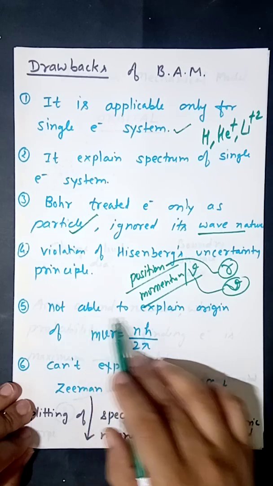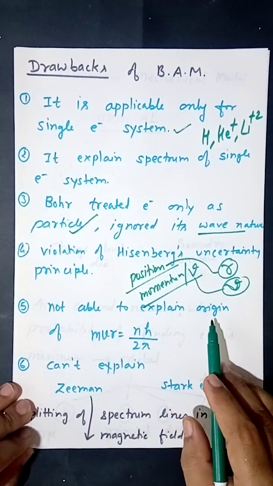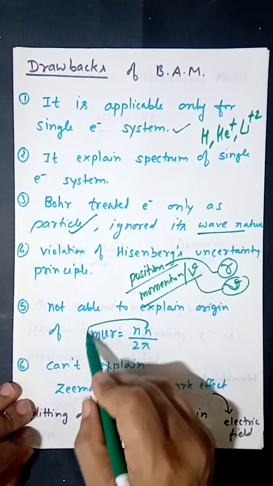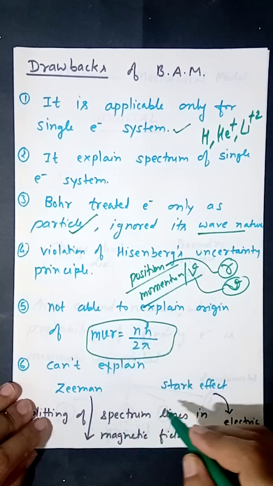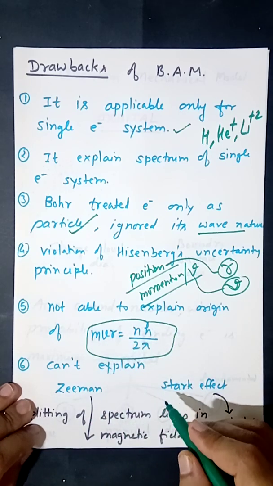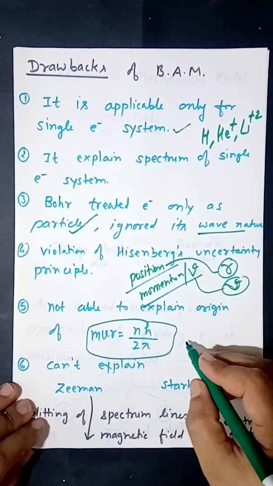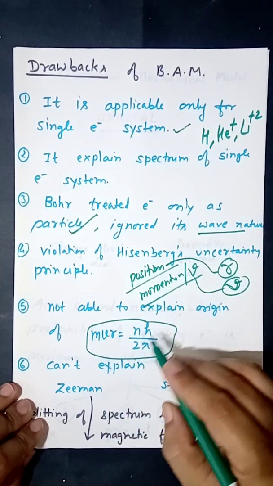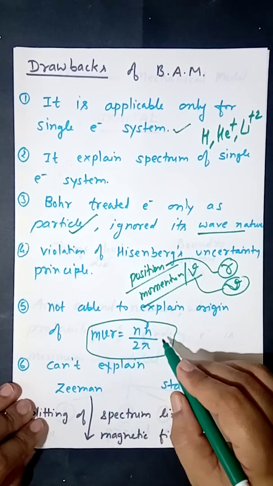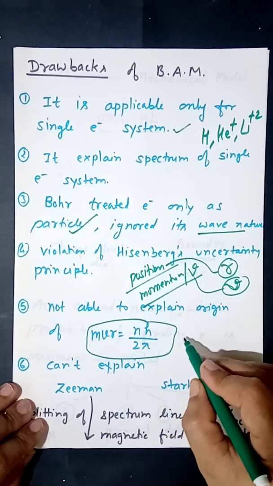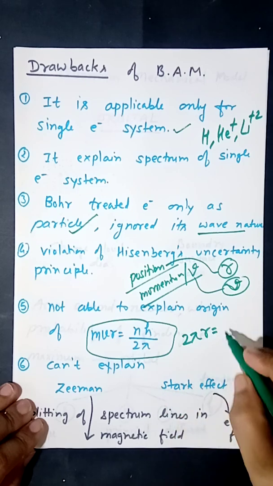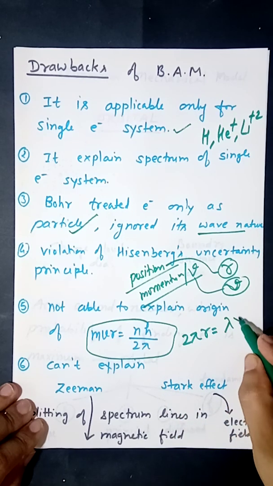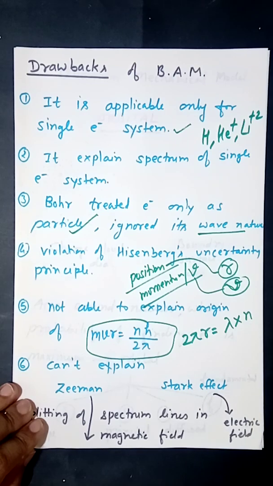He was not able to explain the origin of this formula, mvr equals nh upon 2 pi, from where he got this formula. Otherwise, this formula is related to wavelength and circumference of a circle. You know, the formula of circumference is 2 pi r and the wavelength is lambda into n, n is the number of waves.